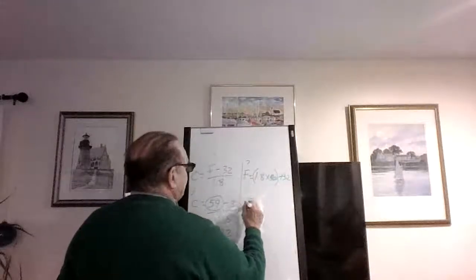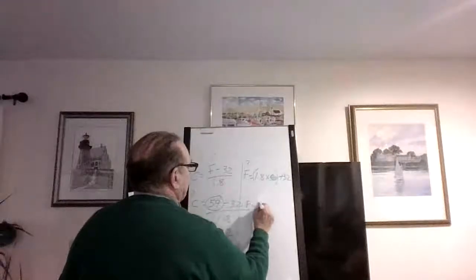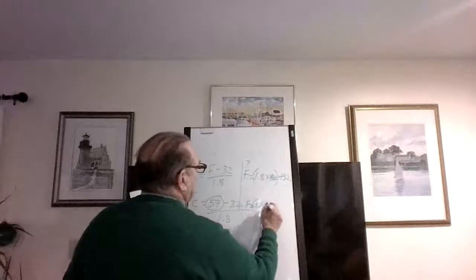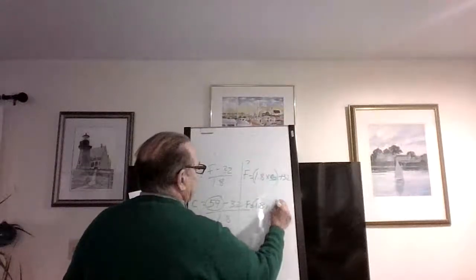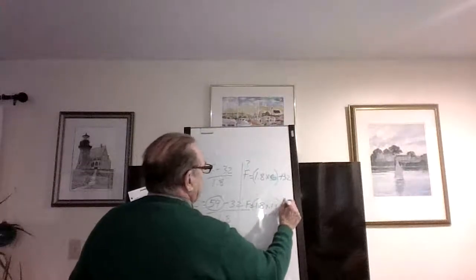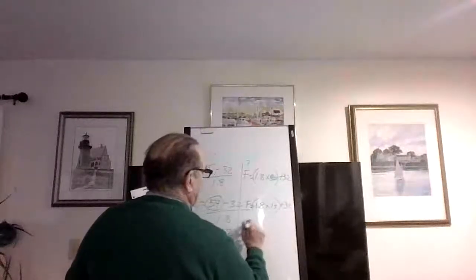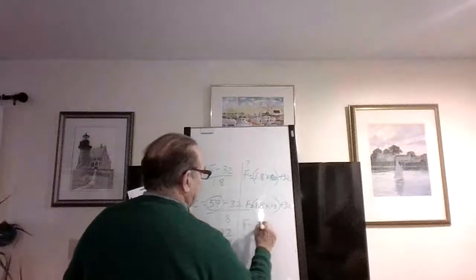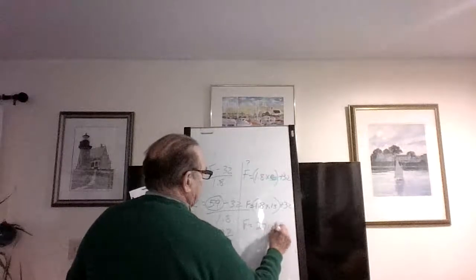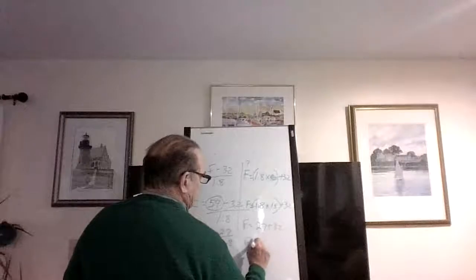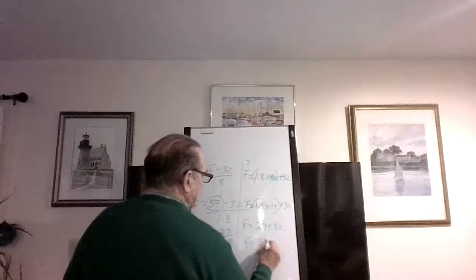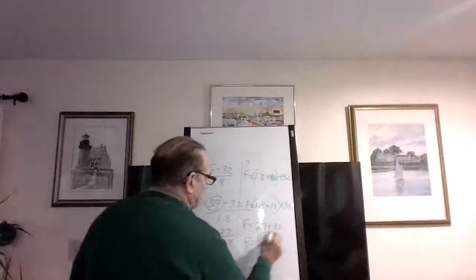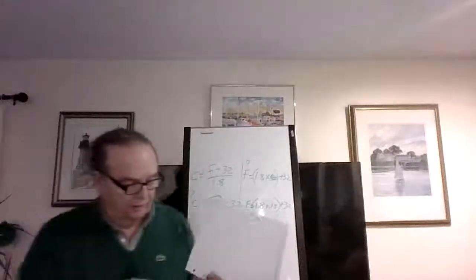I'm trying to cut this short. 1.8 times 15, right? Plus 32. F equals 27 plus 32. Here you go. Done. All right.